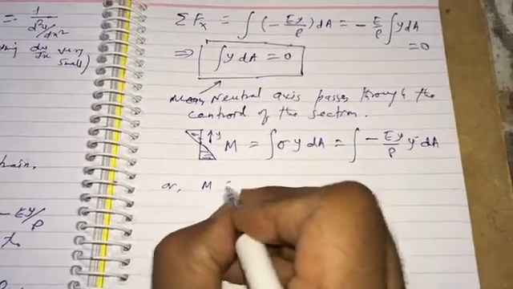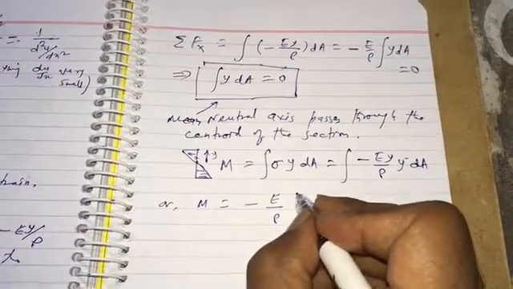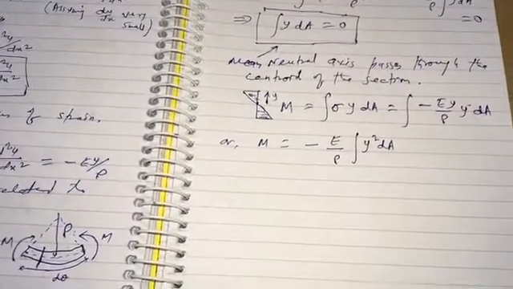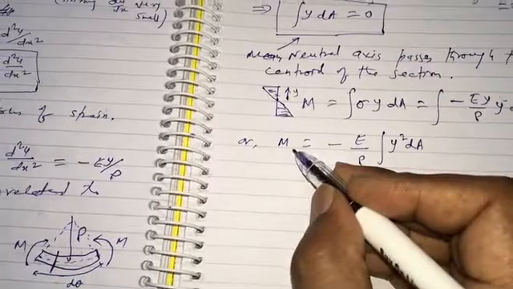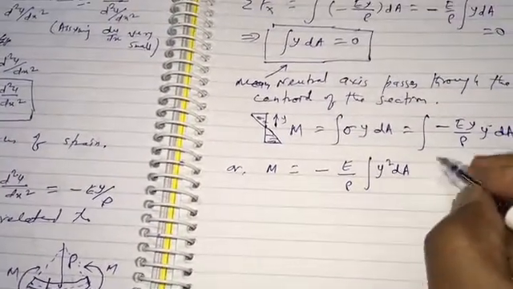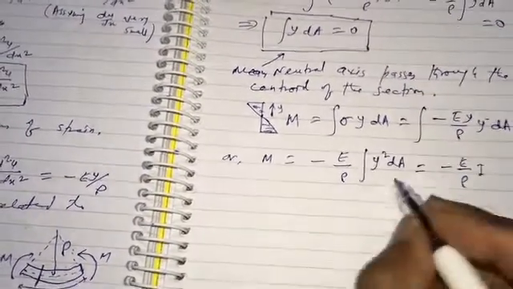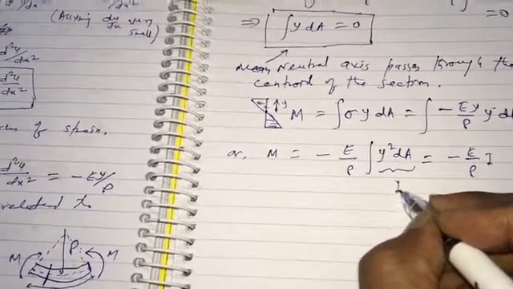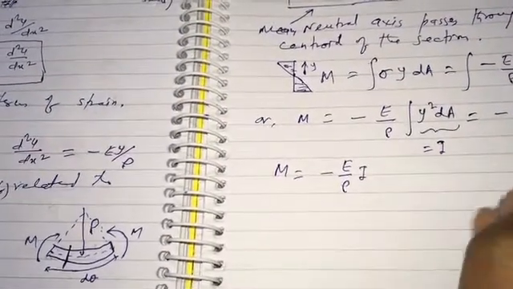M equal to minus E over rho, and here we get the integral of y squared dA. So that really means M equal to minus E over rho times I. This is nothing but the second moment of area, or moment of inertia simply. So this is what the I is.